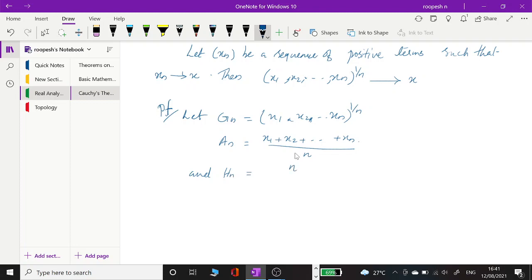So that is n by 1 by x1 plus etc. plus 1 by xn.